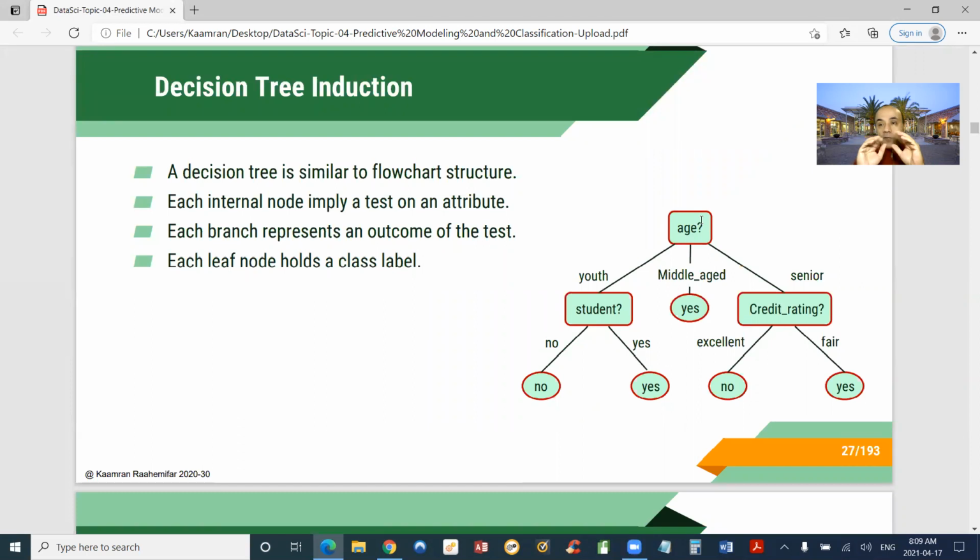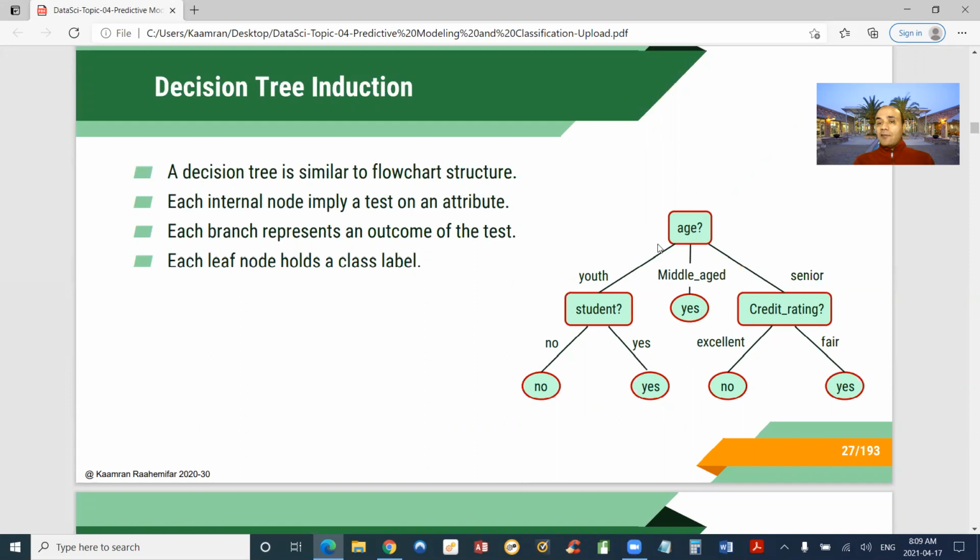Then from there you gain some information, and at the subnode you split it again, gain another piece of information, and eventually come to a leaf node, a terminal node. Under the age, we are going to take a look at the student: are they a student, they are not, or they are. Then credit rating, is it fair or excellent, and so on.